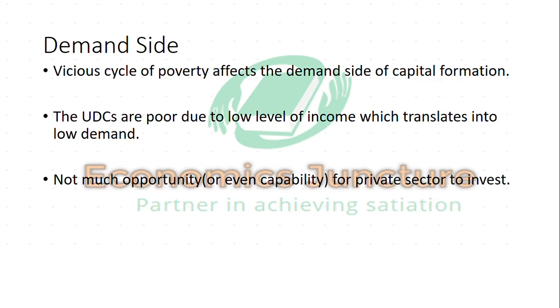So also when you see about the private sector, A, they don't have much opportunity to invest because demand is less, and B, they don't have enough capacity or capability to invest, because they are not that huge giant kind of sector, right?